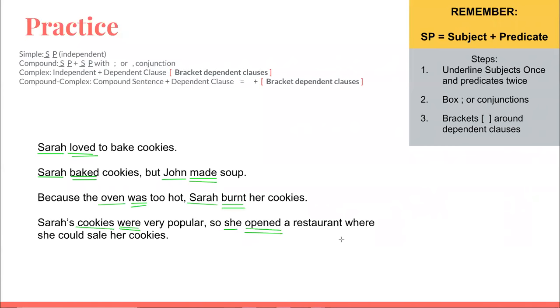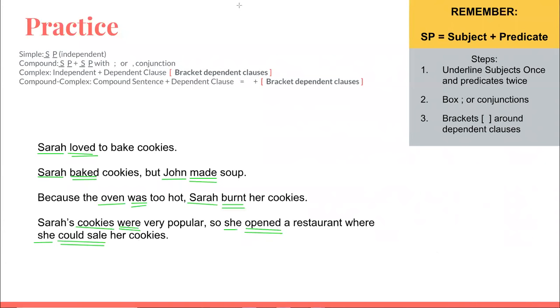Underline it once. Could sell is a verb, so we got another verb. That's a predicate. And who could sell? Sarah, or she. So we have another subject.